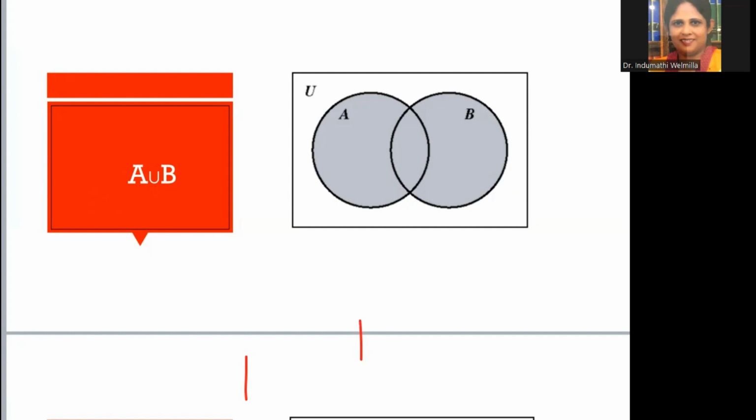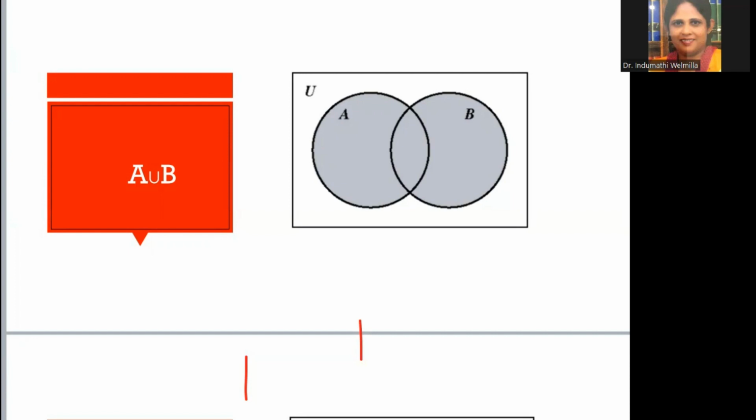Elements of a set are presented inside the circle. Sometimes a rectangle encloses the circles, which represents the universal set. Venn diagrams represent how the given sets are related in operations on sets.